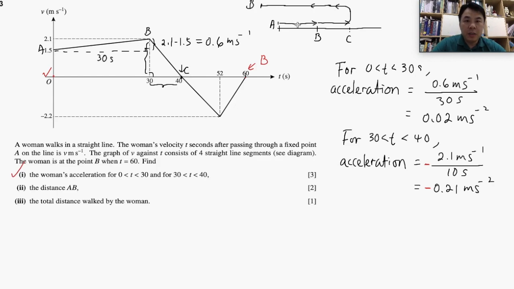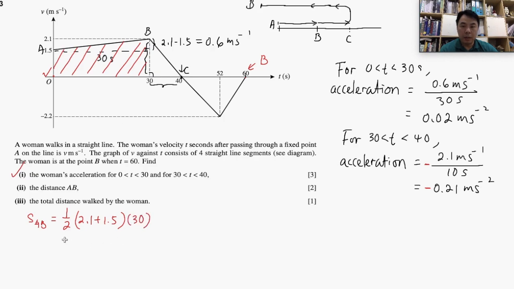The first distance is from AB. I'm going to label the distance AB here. Distance AB is given by the area under the graph, indicated here in red. That is yet another trapezium, so I'm going to use the formula for a trapezium here. That is 2.1 plus 1.5, and then by its height.